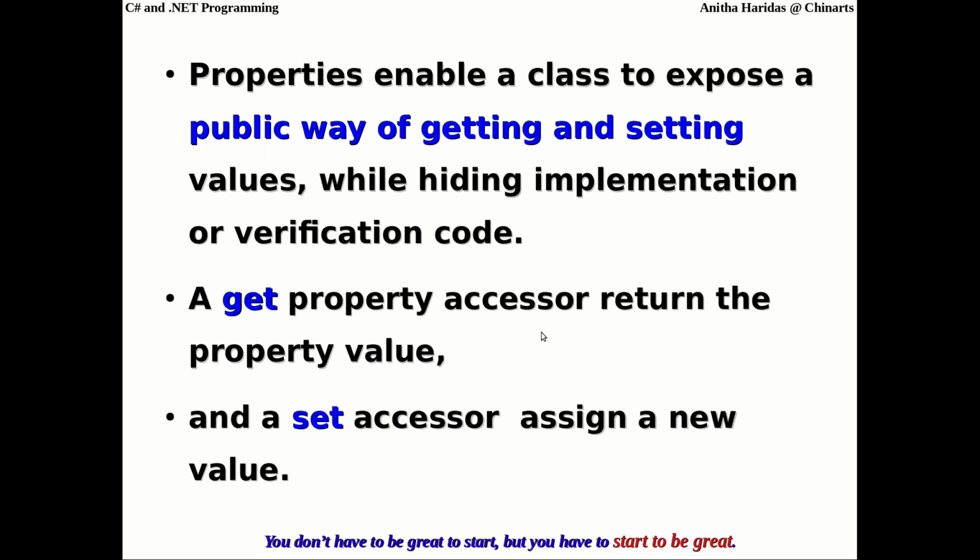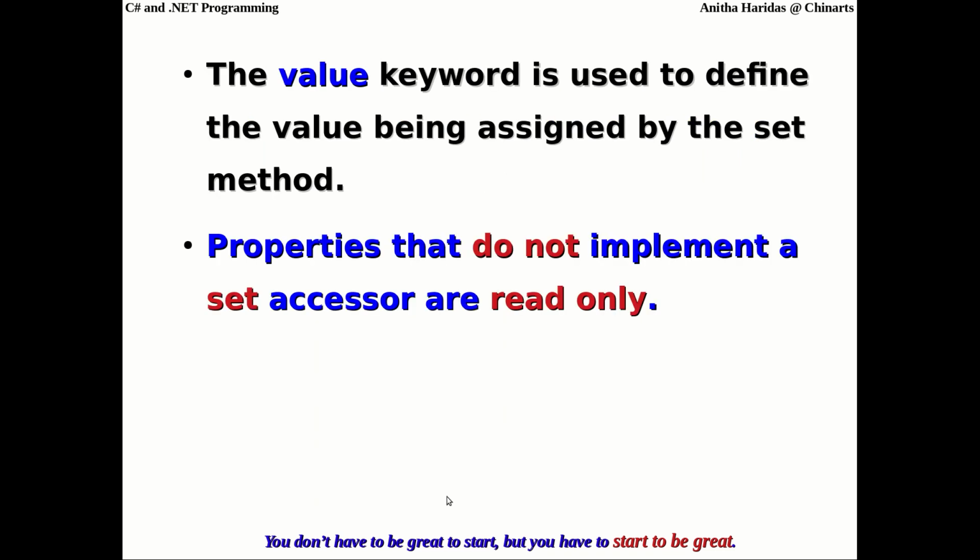A get property accessor returns the property value and a set accessor assigns a new value. The value keyword is used to define the value being assigned by the set method. We have seen examples. In the examples, all the set methods were using the value keyword for assigning a new value.